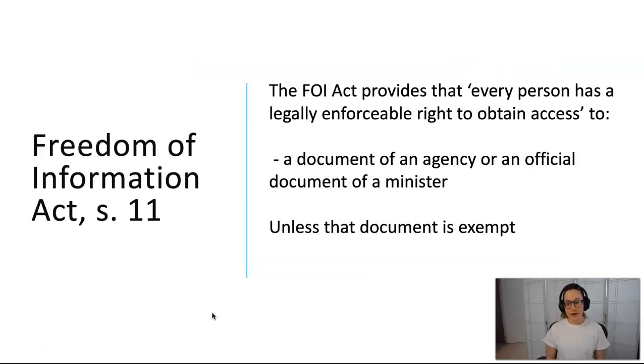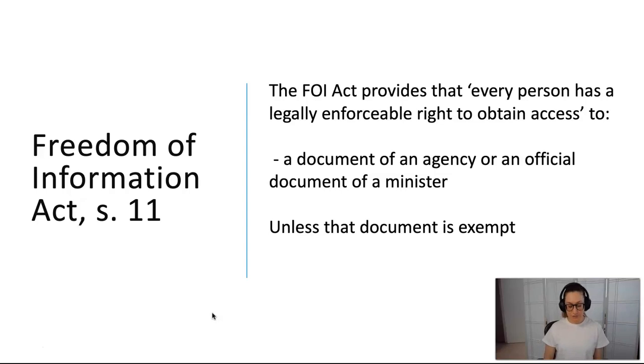All right, so the main section in the Act which provides access is Section 11. It provides that every person has a legally enforceable right to obtain access to a document of an agency or an official document of a minister, unless that document is exempt.